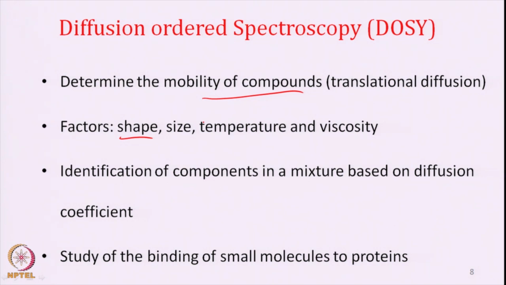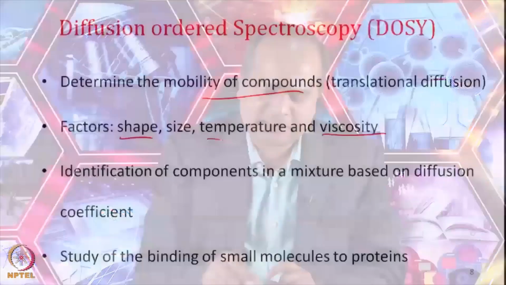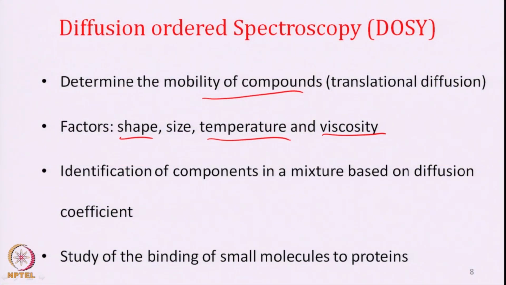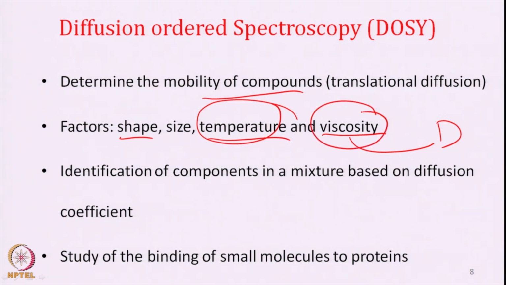Also viscosity: if it is a very viscous solvent, then the molecule can diffuse slowly. If the viscosity is low, it is a thinner solvent, and the molecule can diffuse fast. So, viscosity plays an important role, temperature plays an important role, and shape and size of course play an important role for diffusion. D varies on all of these components, but if I keep temperature and viscosity the same, then one can get an idea about the shape and size of the molecule.